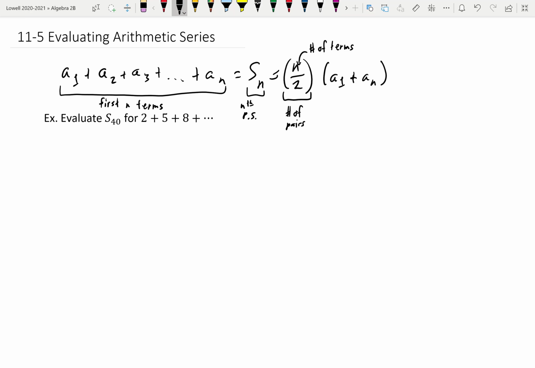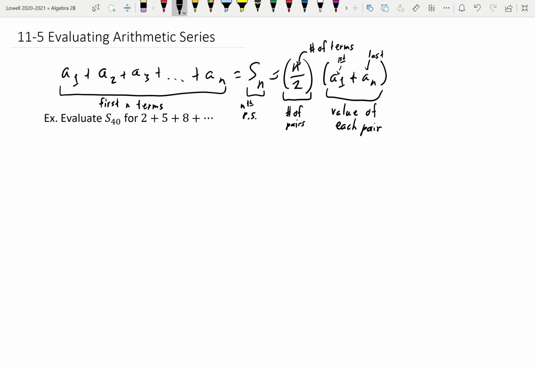We saw how if I add them up from the outside and working inward, every pair has the same value, and that's where this comes in. So this is the value, or the sum, of each pair. And again, A1 is simply the first, and AN is wherever you end up, so it's the last.